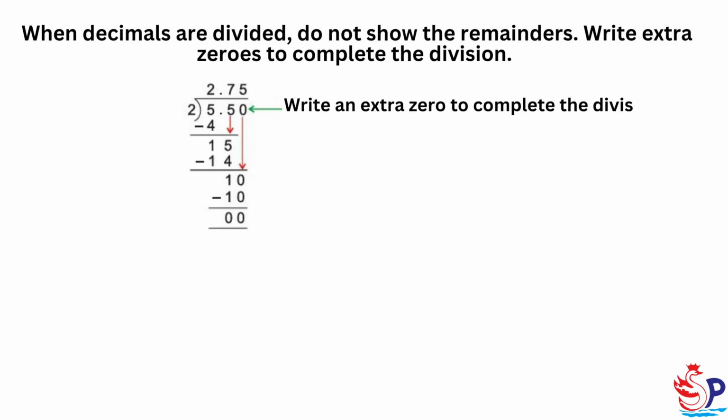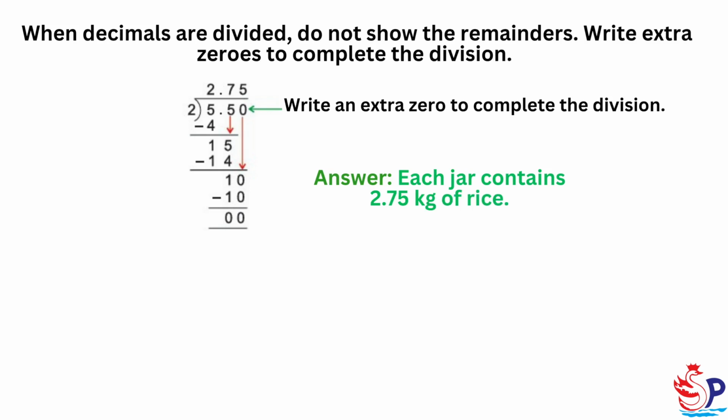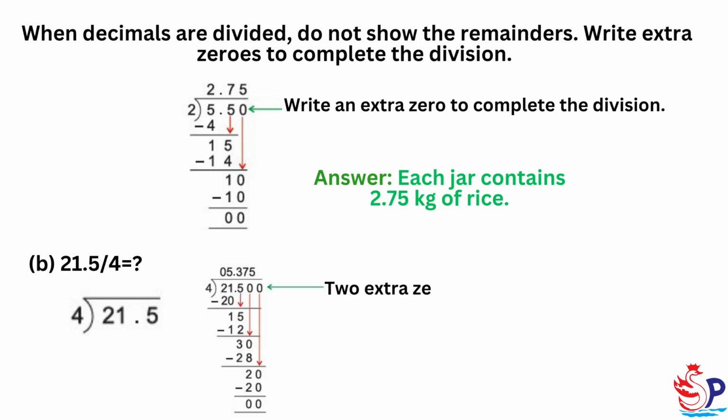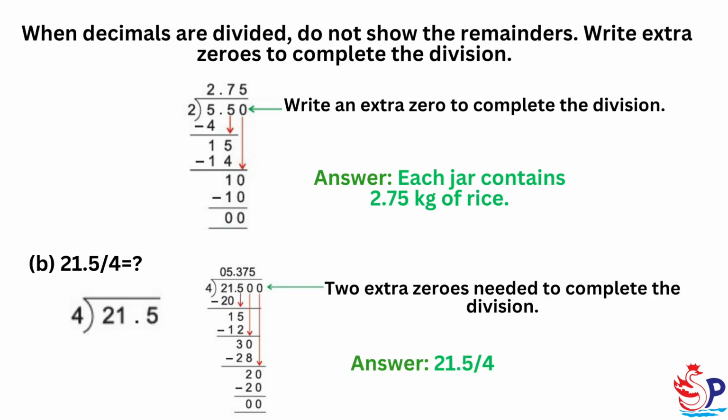Write an extra zero to complete the division. Answer. Each jar contains 2.75 kilograms of rice. B. 21.5 divided by 4 equals? 2 extra zeros needed to complete the division. Answer. 21.5 divided by 4 equals 5.375.